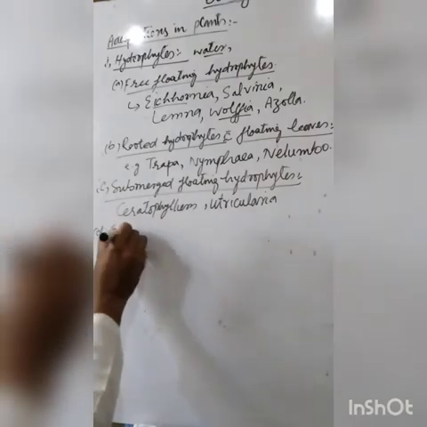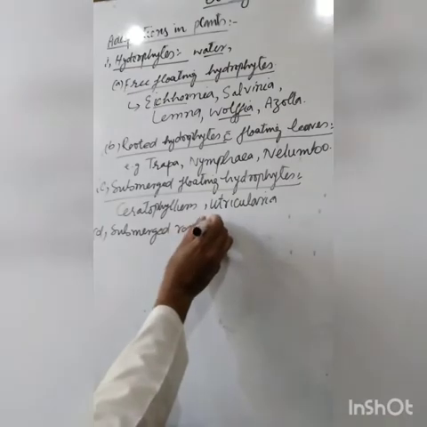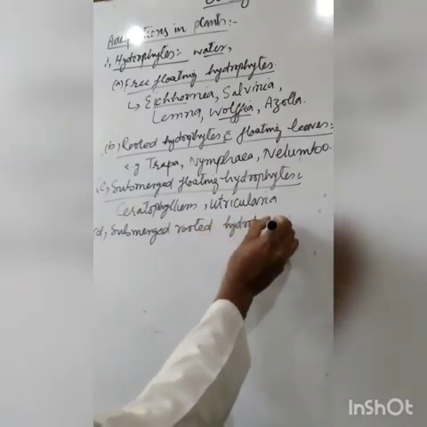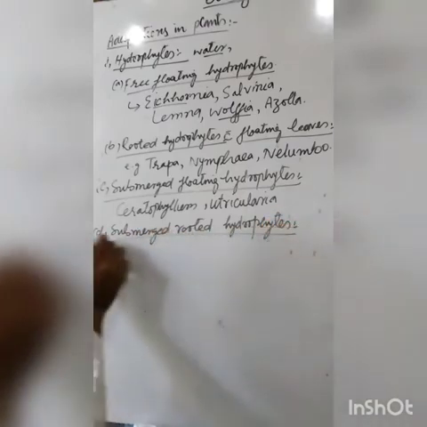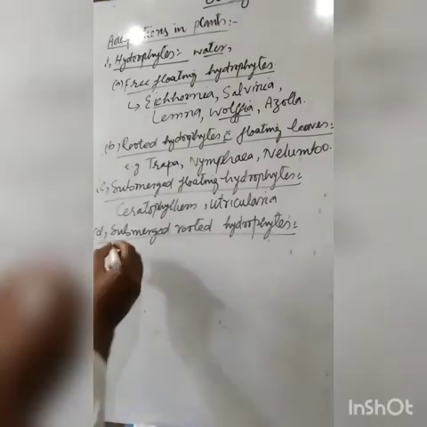Another type is submerged rooted hydrophytes. These plants are inside the water, but they have roots.